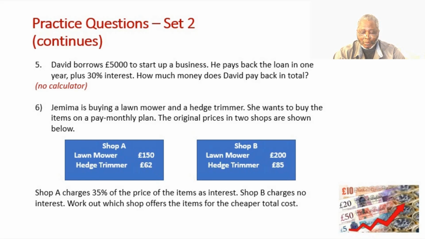Shop B, lawnmower, £200, hedge trimmer, £85. Shop A charges 35% of the price of the items as interest. Shop B charges no interest. Work out which shop offers the item for the cheaper total.